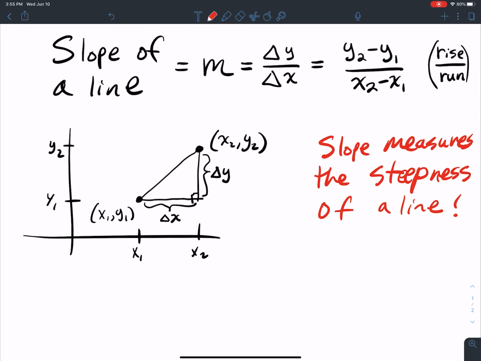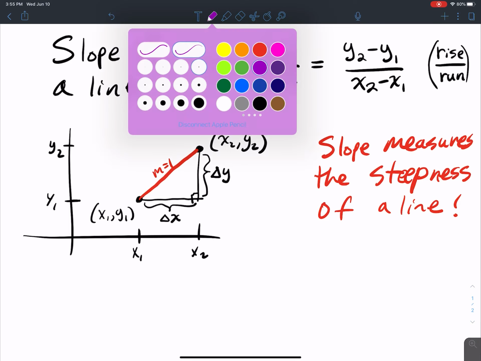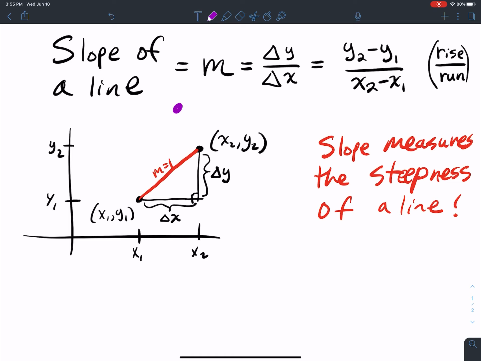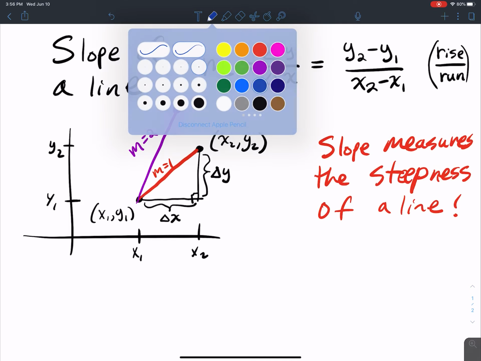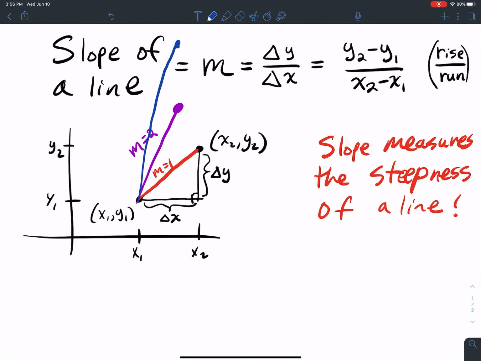If the slope of the line, the magnitude is bigger, so maybe this has a slope m equal to 1. If you had another point maybe up here, this would have a slope maybe equal to 2, and then maybe another point up here, maybe that has a slope equal to 5.